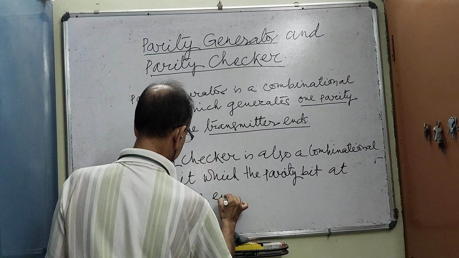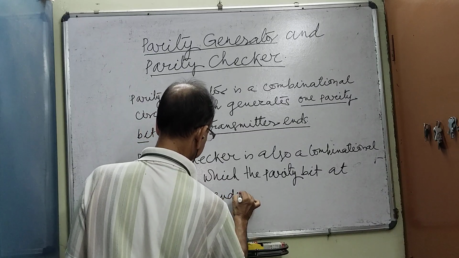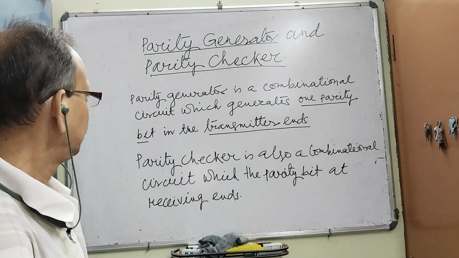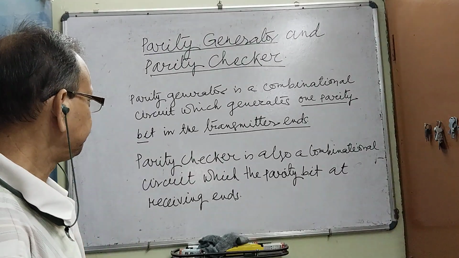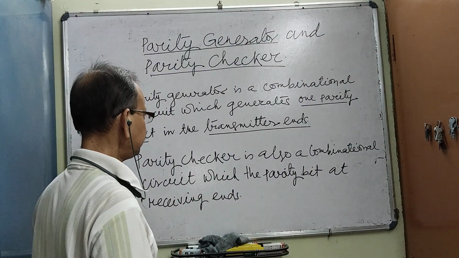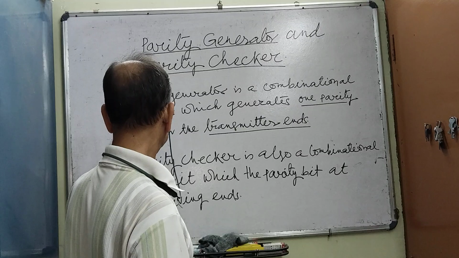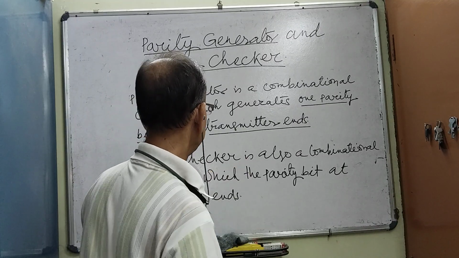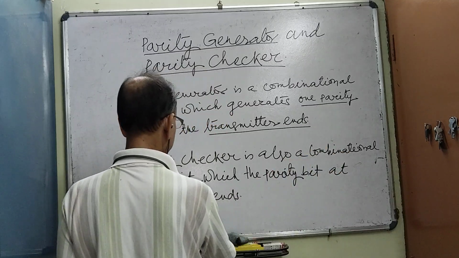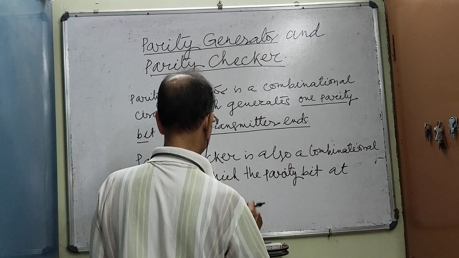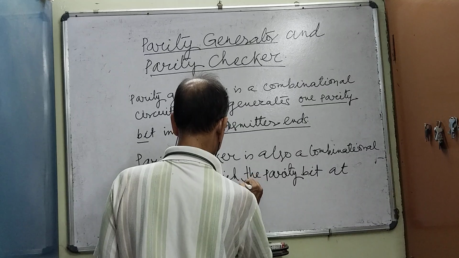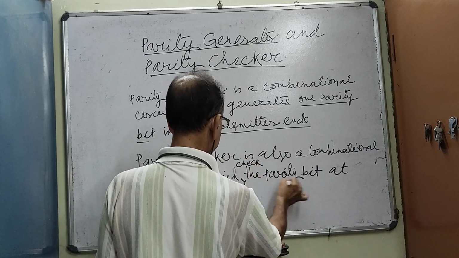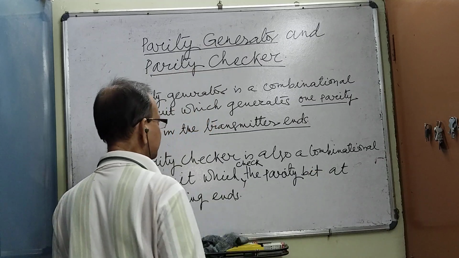So the parity checker is also a combinational circuit which checks the parity bit at the receiving end.